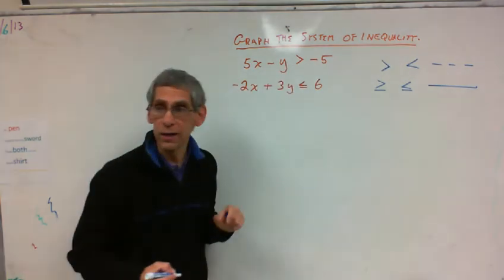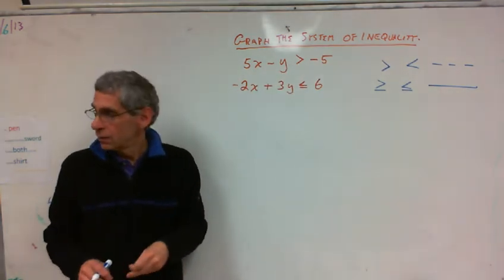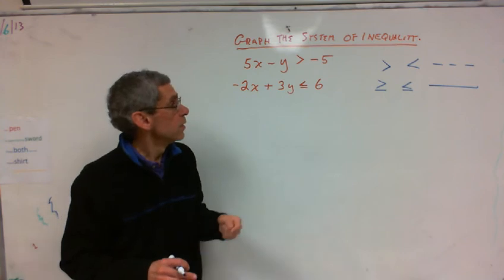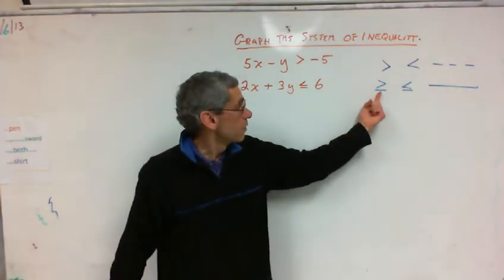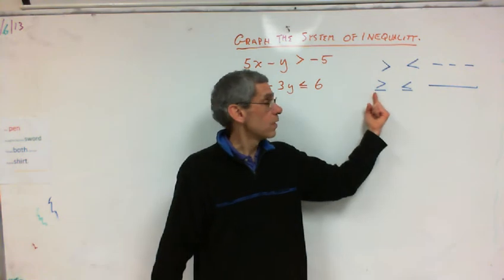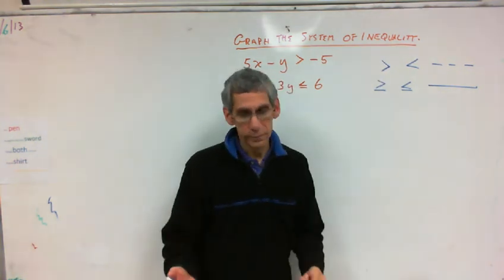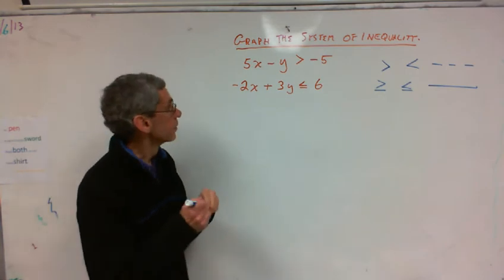So when you draw the line, you'll draw it solid. So that's the first one, and I think most of you got that down pretty much, right? Isn't that fairly clear? So one way I remember is if I see a line underneath it, I just know, oh, okay, it's going to be a solid line. If I see no line underneath it, it's going to be a dashed line. Right? I just use that as my thing.